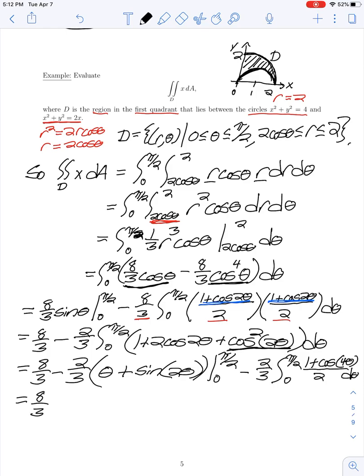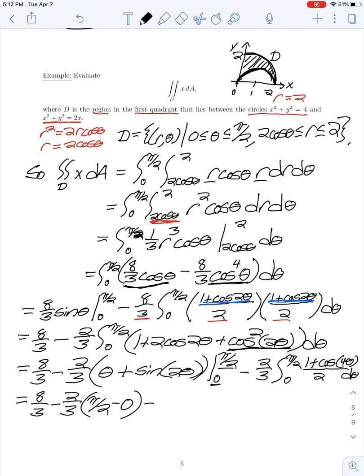So let's see what we're left with here. We had an 8/3 minus 2/3 times, evaluating this antiderivative at pi over 2, we have pi over 2 plus sine of pi, which is 0. And then evaluating at theta equals 0, we are subtracting 0.